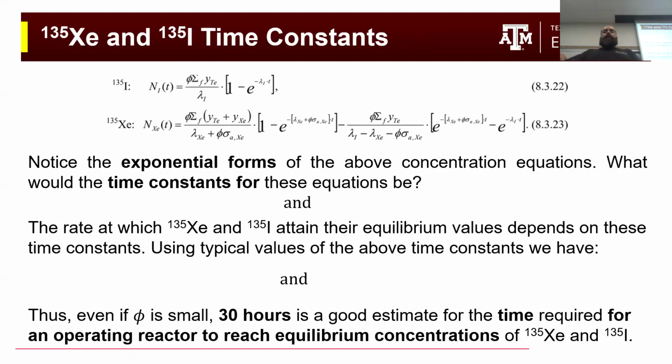So if you think about the iodine solution and the xenon solution, if you look at these exponentials, we have two different time constants involved. Back to the point kinetics equations, where we had e to the omega t, that omega was what we called the time constant.